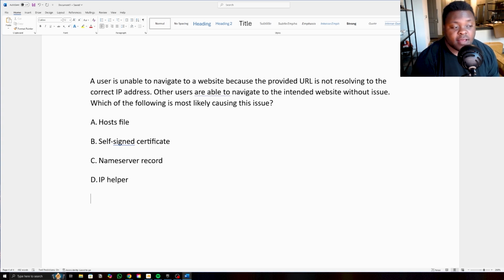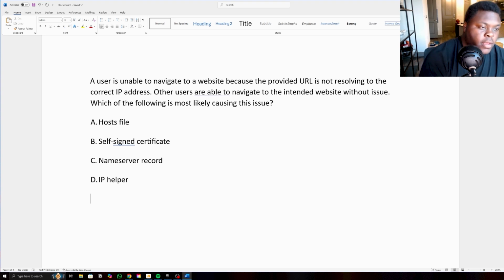Answer choice A is host file. A host file maps host names to IPs. Answer choice B is a self-signed certificate. This will have a security warning, but it won't stop the user from navigating to a specific website. Answer choice C, name server record.